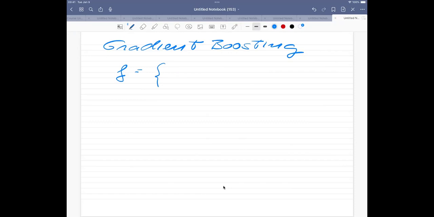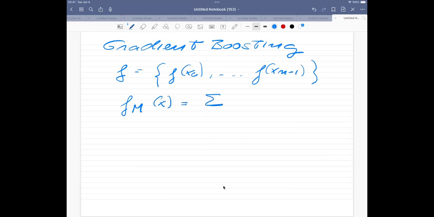Okay, guys. So we would then have a new set of functions, as a function of these different values of x, n up to -1. We are going to make a model again, where this m stands for the number of trees we're going to construct.